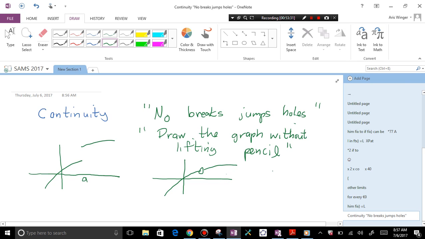No. No. So here are three functions that are not continuous at a particular point a. So when we define continuity, it's going to eliminate all three of those. We want to make sure that those three things don't happen. Right? Here's the definition.